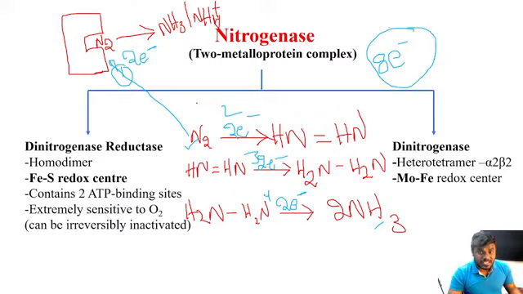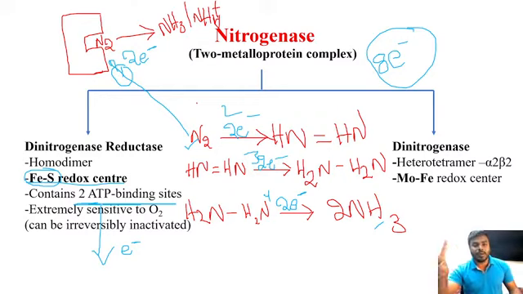Now listen, that is very important. Because this iron sulfur redox center contains 2 ATP binding sites. Friends, what do you mean by 2 ATP binding sites? Which means, listen to me everyone, if one electron passes through this iron sulfur redox center, it will hydrolyze 2 ATP molecules into 2 ADP molecules.